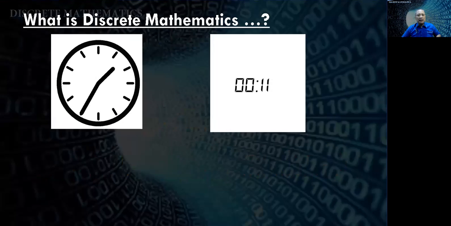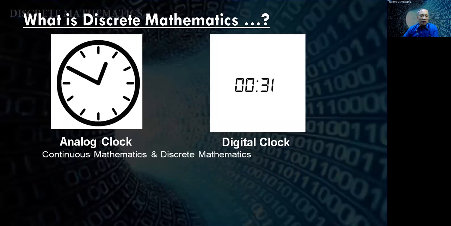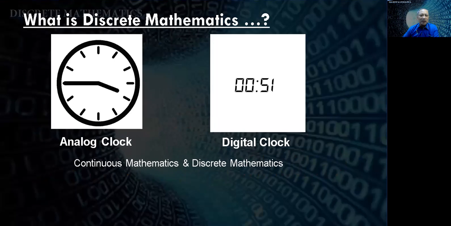So discrete mathematics, I'm using two examples here, an analog clock and a digital clock. These two clocks are different, of course, though they are showing a similar time. I'm going to use this to differentiate between continuous mathematics and discrete mathematics.